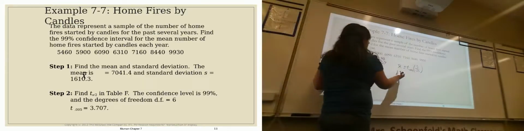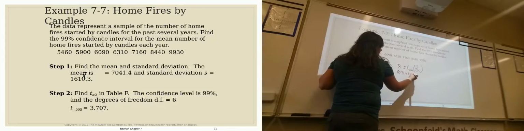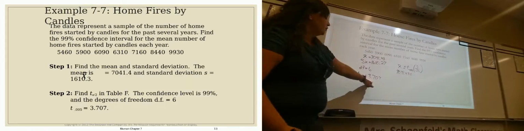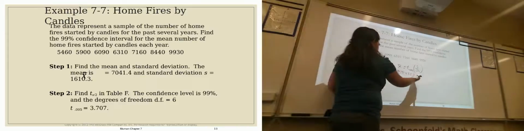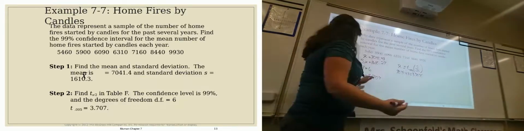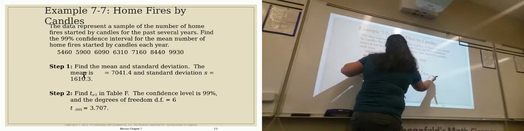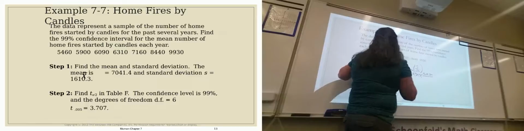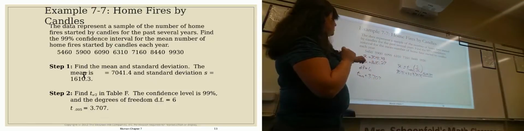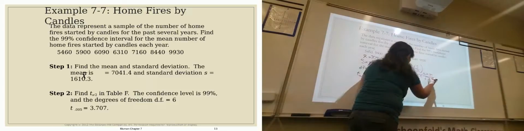So x bar is 7041.43, plus or minus my t-score of 3.707 times s, 1610.27, over the square root of 7, because I had 7 pieces of data.